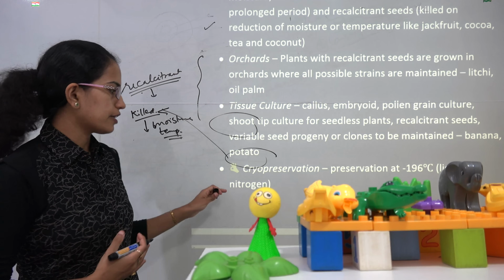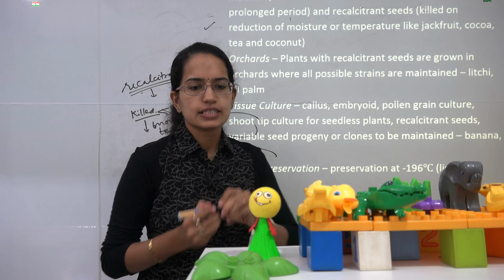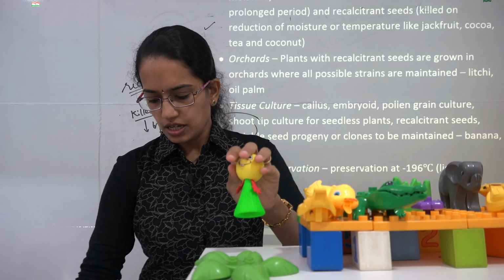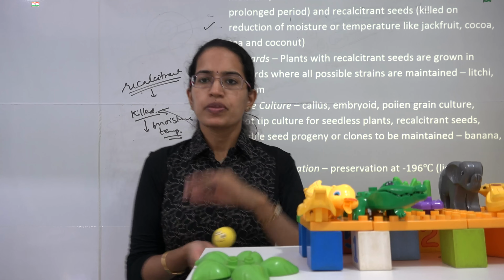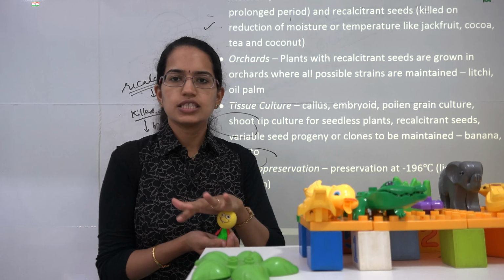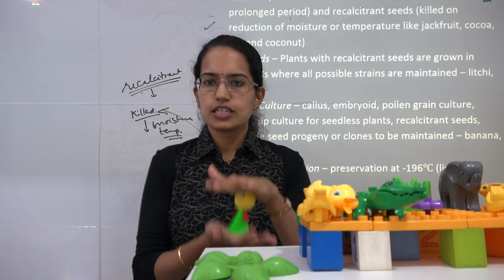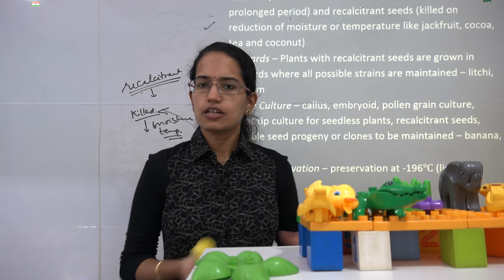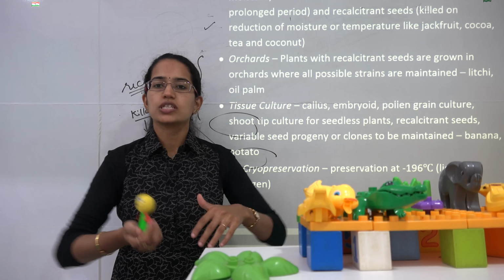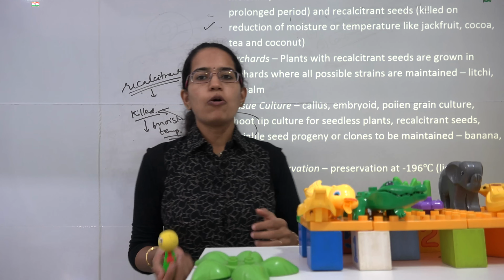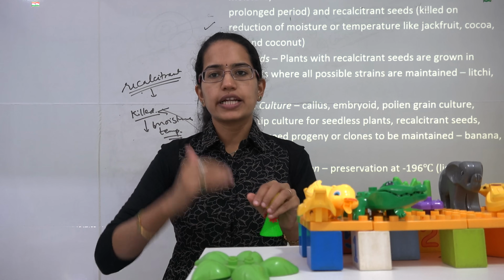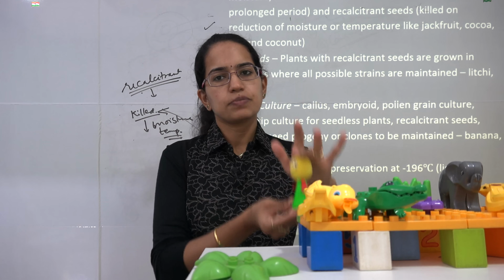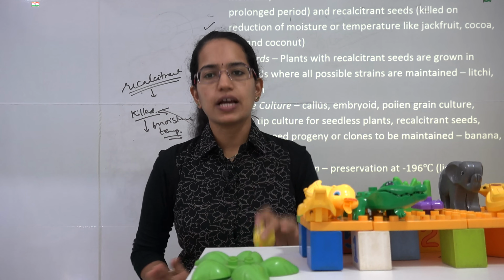using liquid nitrogen. So what happens is, let's say I have a species of this organism, and this is preserved in cryopreservation. Now initially when this species was available, the temperature of this atmosphere, let's say, was around 30 degrees Celsius. Now I have kept this in cryopreservation. I want after 10 years to bring this species back and see whether it survives or not.